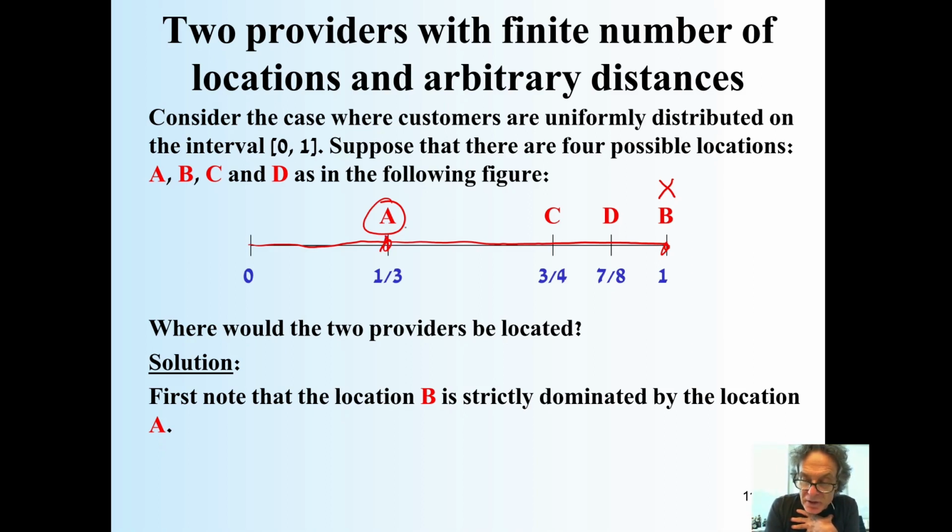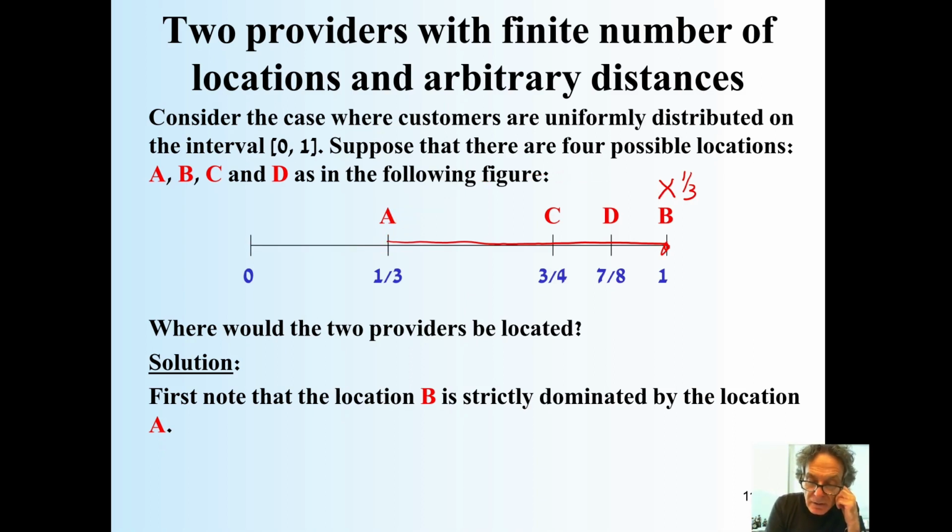In between 1/3 to 1, there are 2/3, half go to me, half go to you. So I'm getting 1/3. If I also move to A, I'm getting 1/2 because we split the market. So if you are located at A and I'm at B, I am better off moving to A.